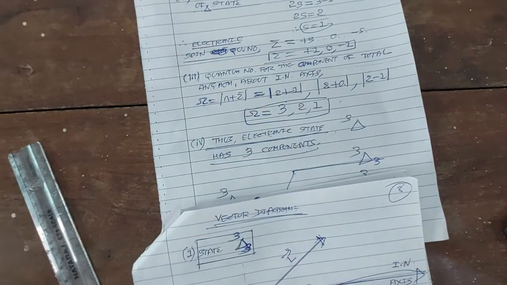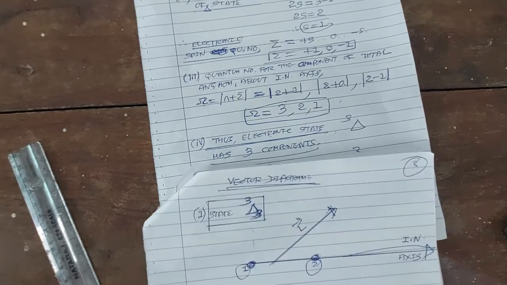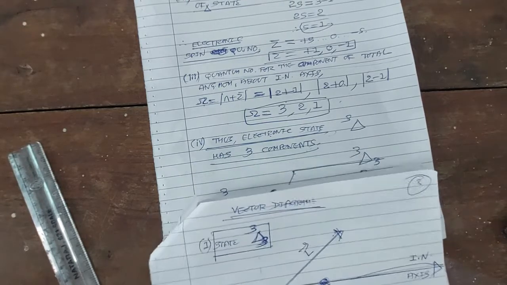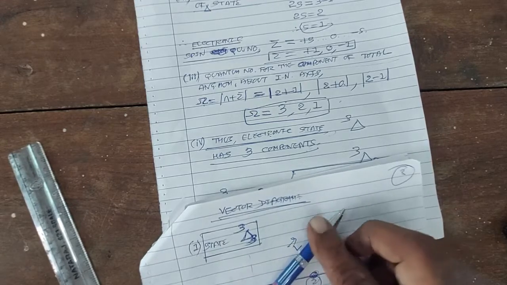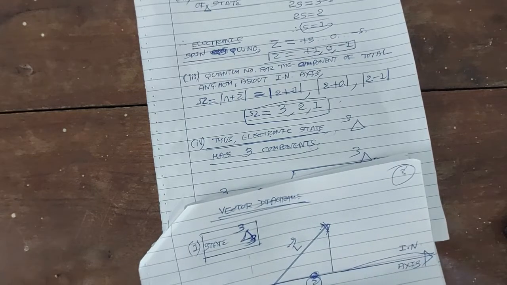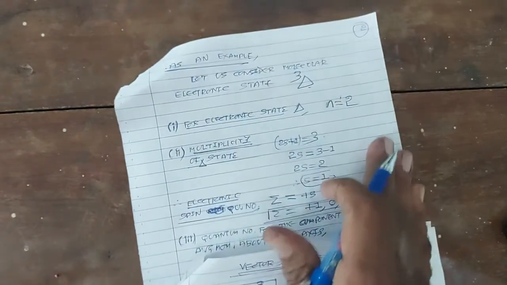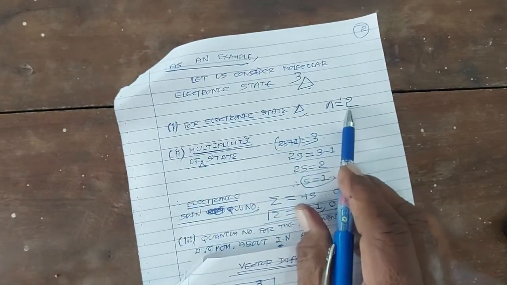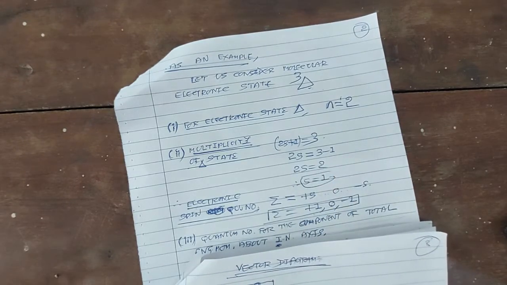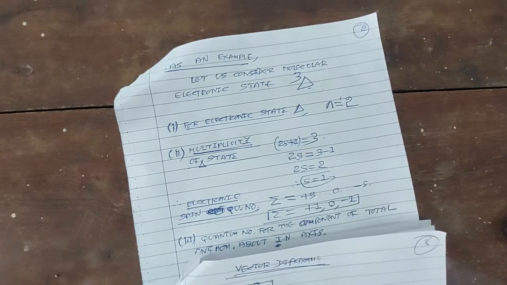Okay. So suppose this is nucleus 1, this is nucleus 2, right? The component of angular momentum L along the internuclear axis, I am talking about this component, lambda is 2, because you know very well that for delta state the value of lambda is equal to 2. So for a molecule, the direction of electronic angular momentum L is this, and if you take the component of L along the internuclear axis, that will be lambda equal to 2.